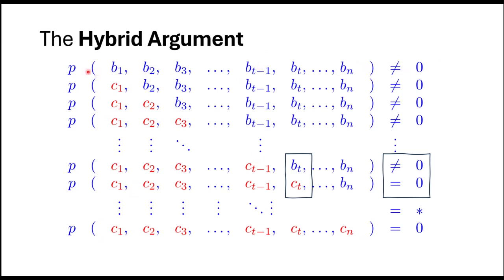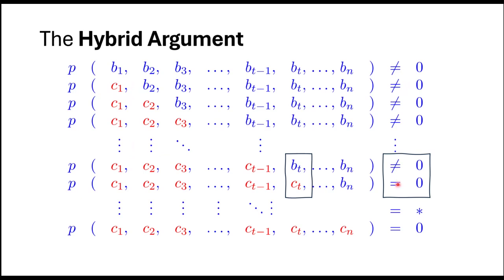When we plug B into P, it's non-zero by assumption, and when we plug C into P, it's zero by assumption. So there must be a first time we switch from non-zero to zero, as we gradually plug in the coordinates of C into P, replacing those of B. Here I wrote it in two rows where the switch appears first.